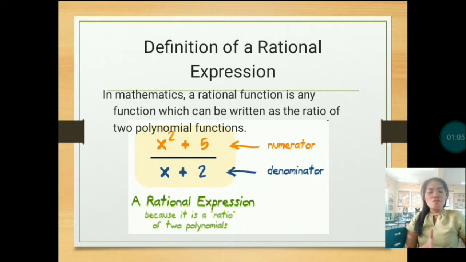I know you're very expert on identifying whether or not an expression is a rational expression, because it has been clearly discussed in our previous video.